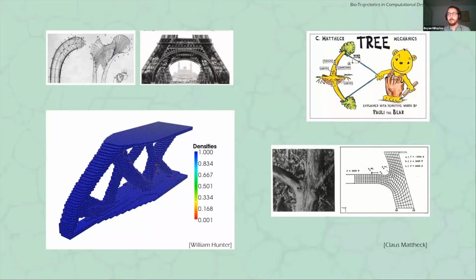And certain engineering algorithms like topology optimization would become inspired also by the structure of bones and trees, and they would basically function in a way that they would optimize the volume of an object under specific stress conditions, just like an organic system, like a tree or a bone or a sponge would do.